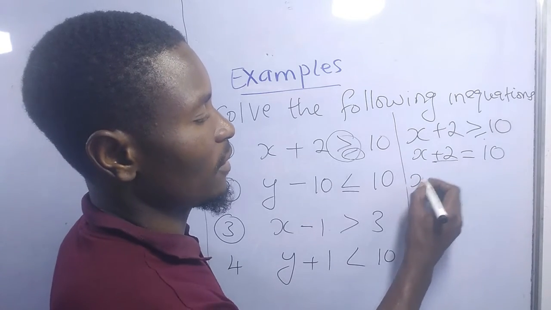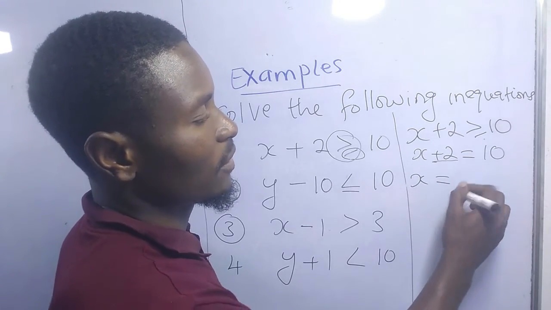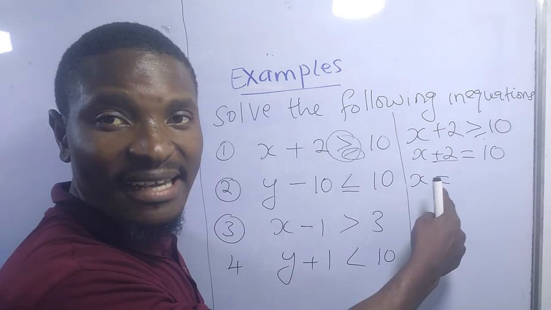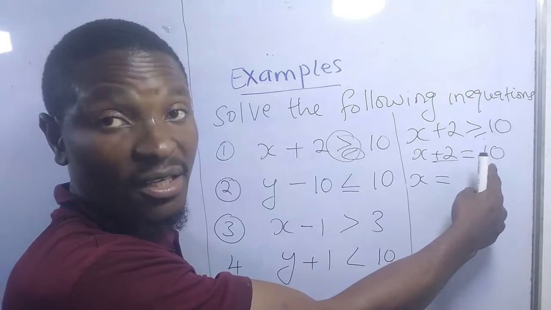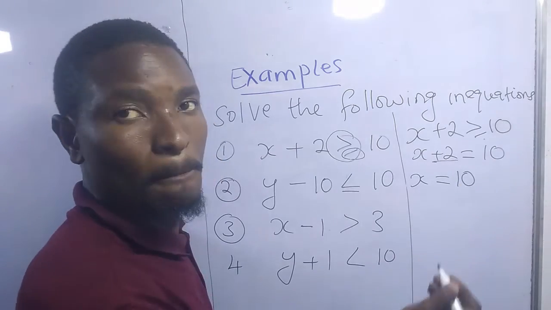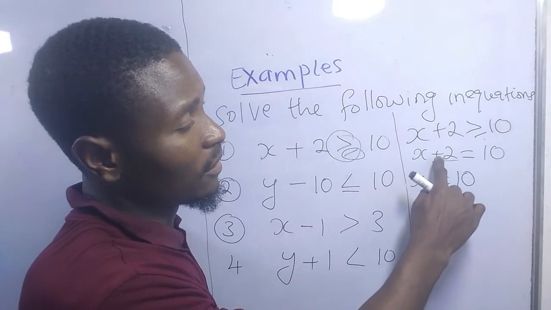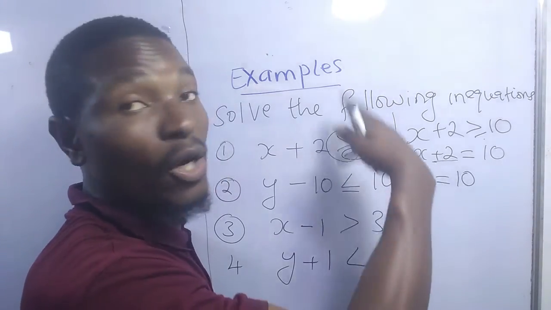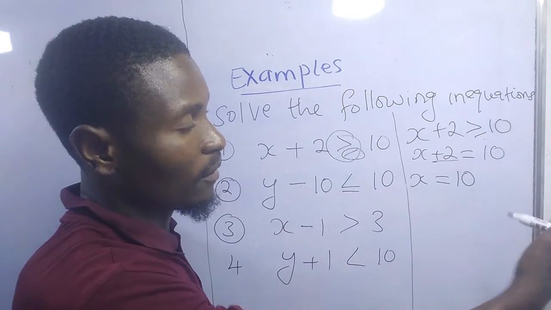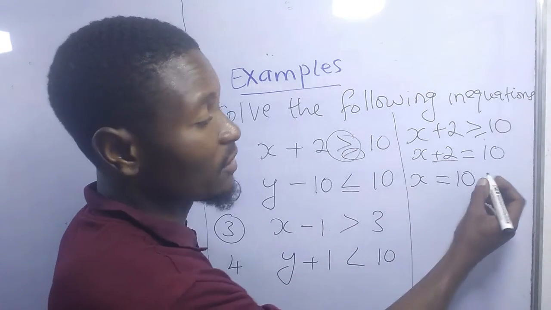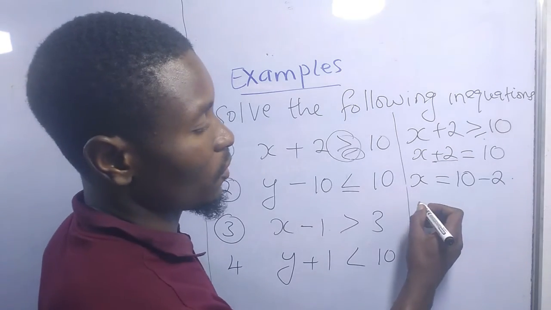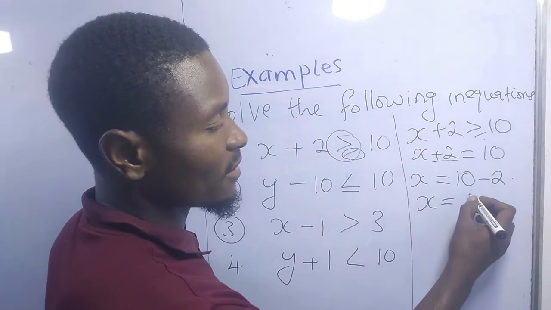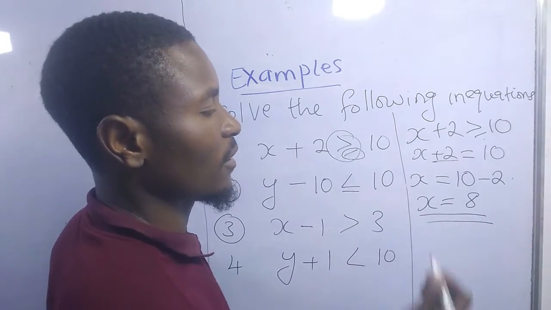So x equals, and the moment you write the equal sign, you also write what comes after it, which is 10. From there, this 2 is now crossed over, so it is positive, it becomes negative. This means that x equals 8.